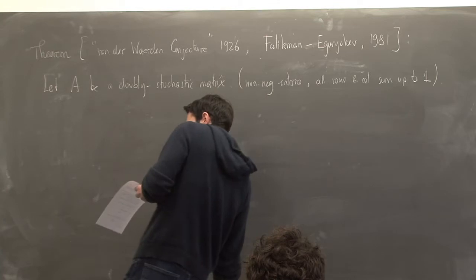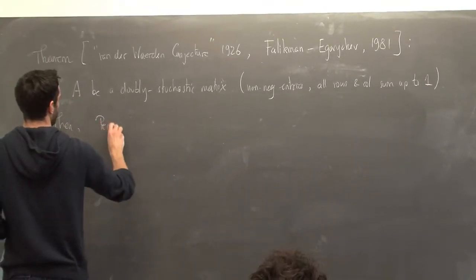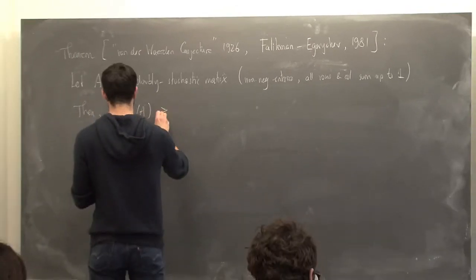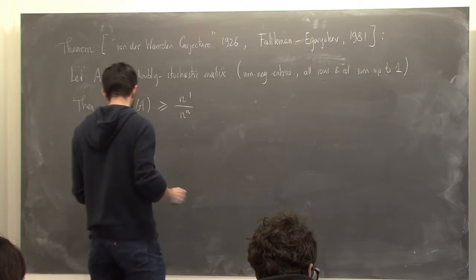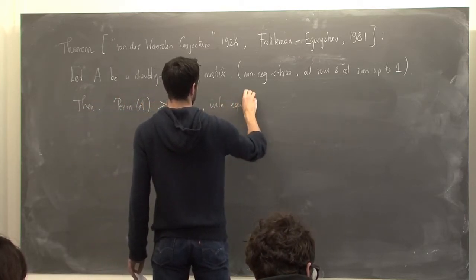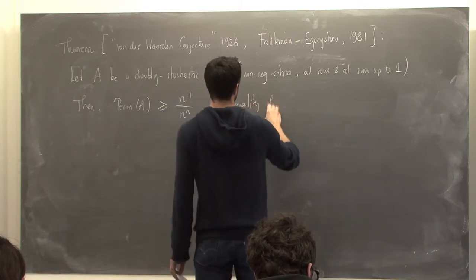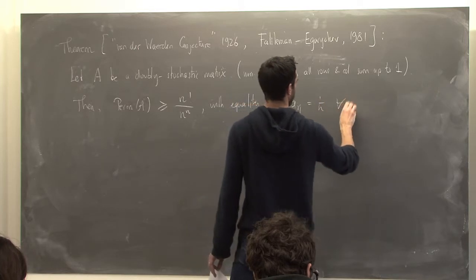Then the permanent of this matrix is greater or equal to n factorial over n to the power n, with equality if and only if all the coefficients are 1 over n.